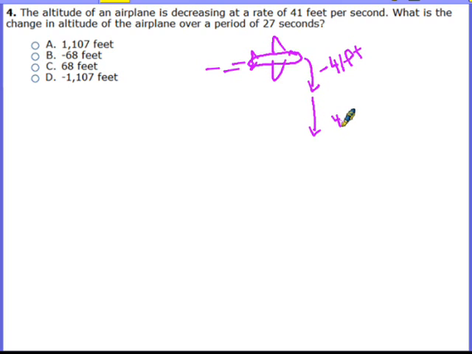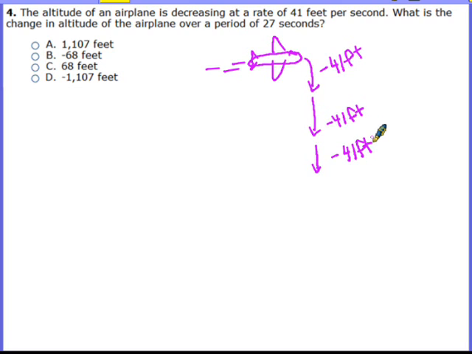It's going to go down another 41 feet. 41 feet. And then after another second, it's going to go down 41 feet. So this is just going to keep happening over and over again.